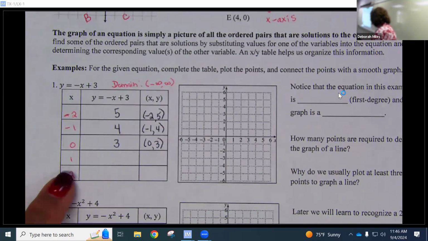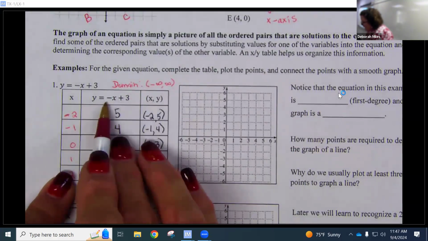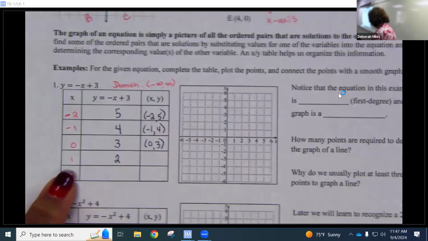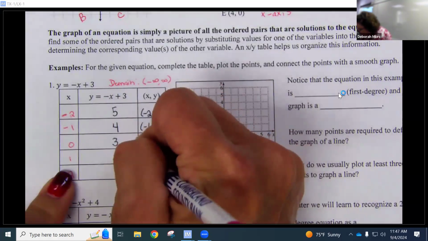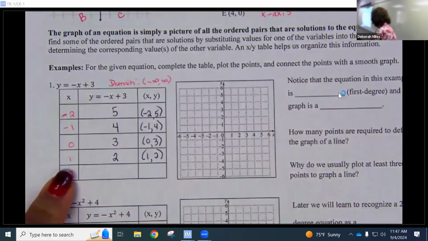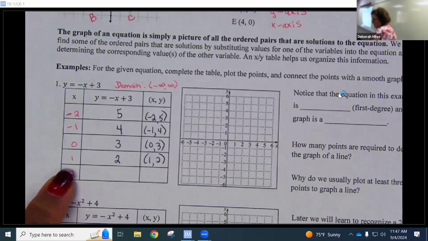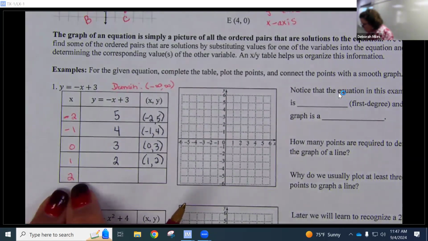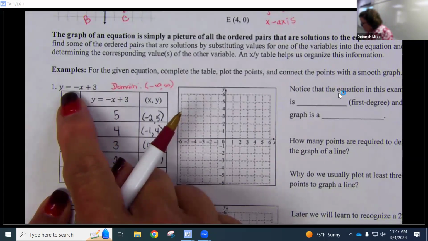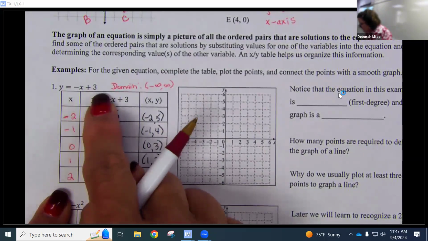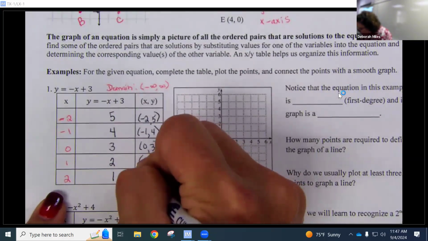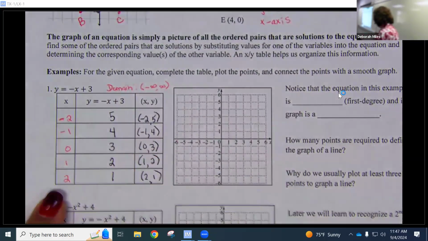If I let x be 1, then -1 plus 3 is 2, and 1, 2 is a point on the graph. Then if I let x be 2, this would become -2 plus 3, that's 1. So the point 2, 1 is on the graph.